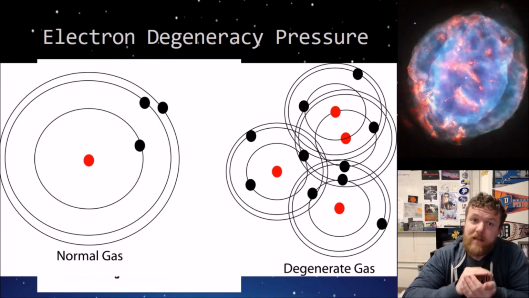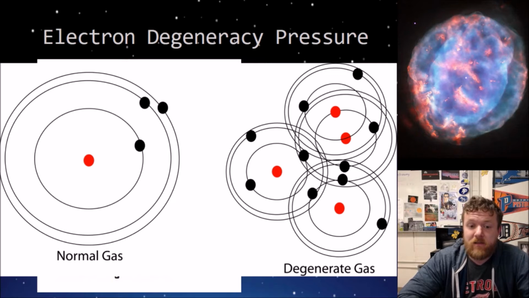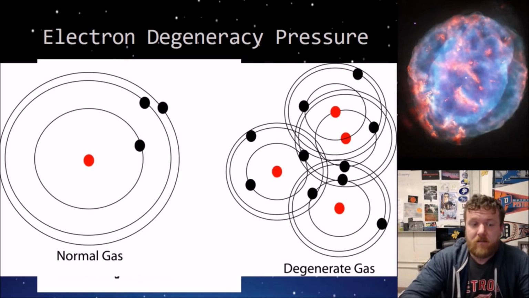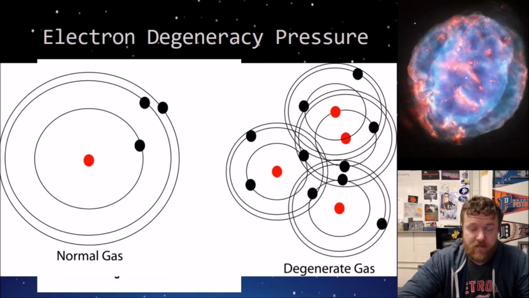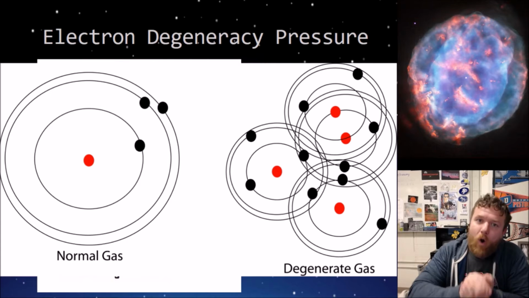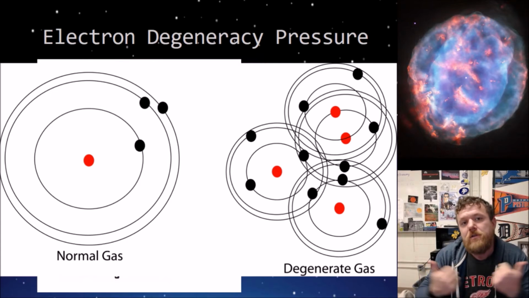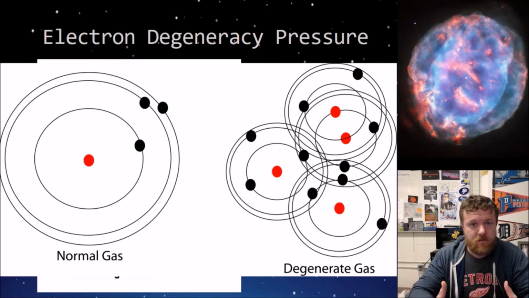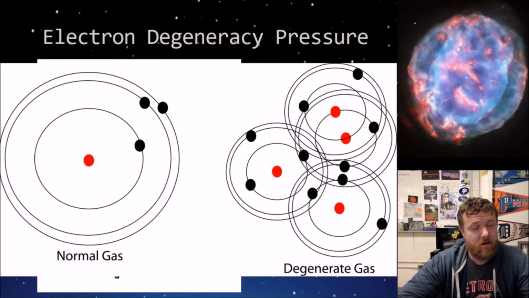And the only reason that they don't get closer is because of these electrons, which are then pushing back out against gravity. This is why it's called electron degeneracy pressure. It has degenerated all the way down to the point where only electrons are able to counteract against gravity. There's no fusion to push out. It's just the negative charge of the electrons pushing back out against gravity. That is electron degeneracy pressure.